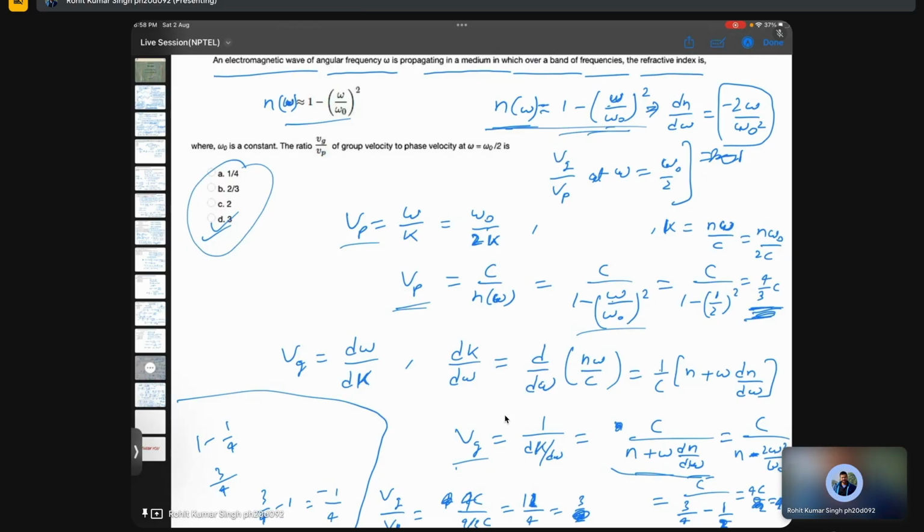But group velocity can exceed the speed of light, I think, because group velocity has no constraint, so relativity does not apply to it. But I'll have to double check, because this one also does not look correct. 4 by 3c means it is greater than the speed of light. It should not be the case.